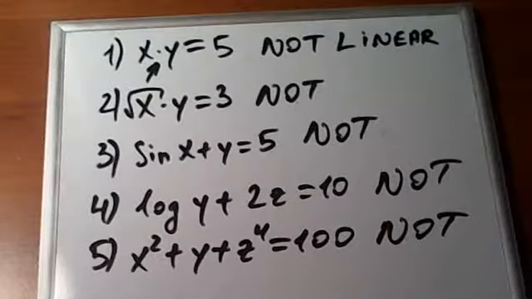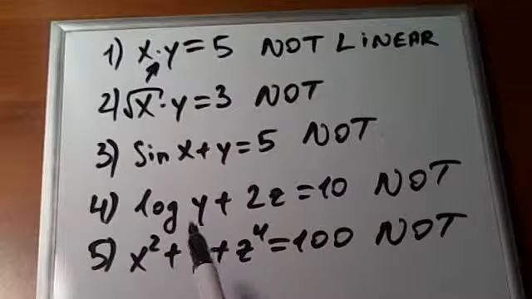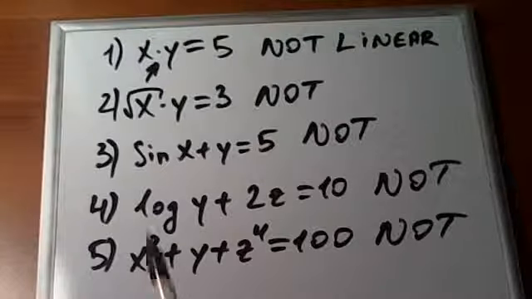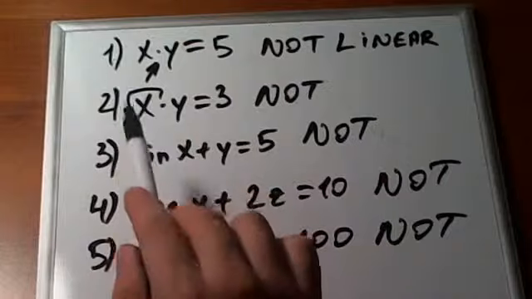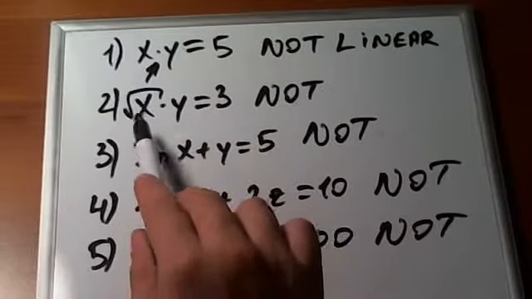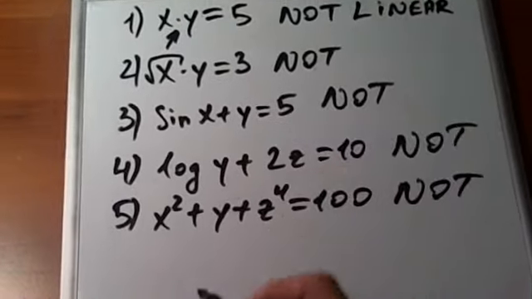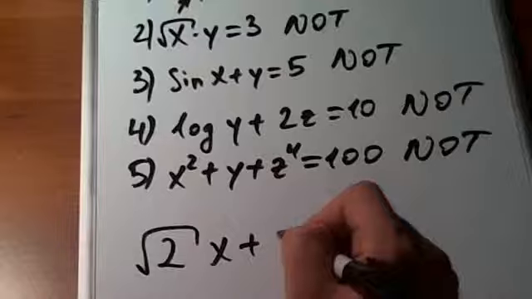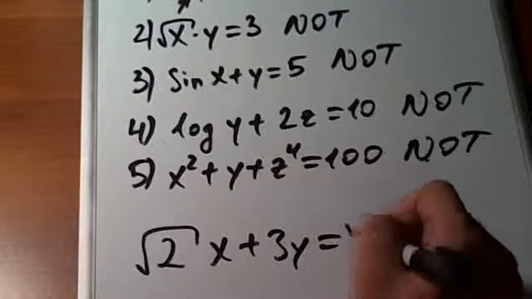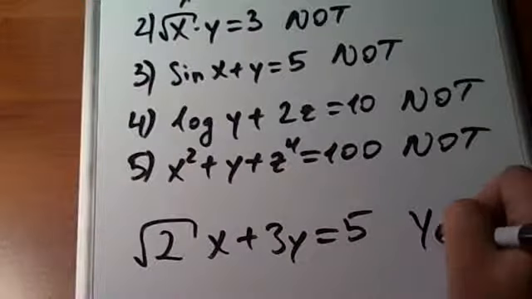So again, if there is a product such as x times y in the equation, then this equation is not linear. If there is a square root, for instance, square root over x, now the square root has to be over a variable. So if you see something like this, this actually is a linear equation.